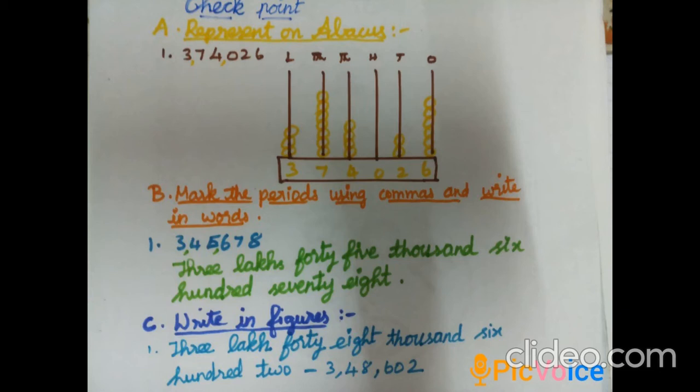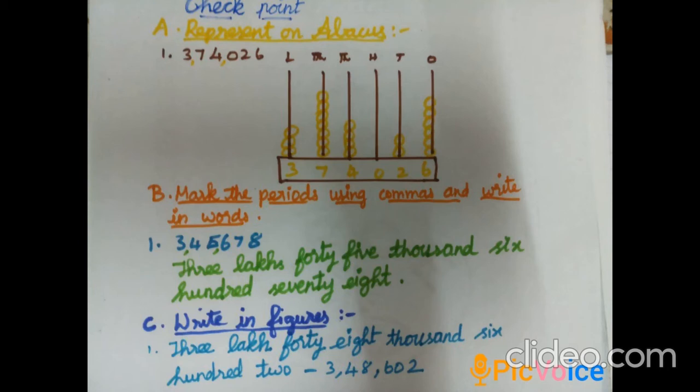Then read the number first, 3,45,678. Then you can start to write using words. 3 lakhs, 40 thousand, 5 thousand, 6 hundred, 70, 8.